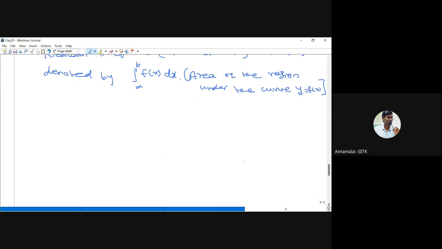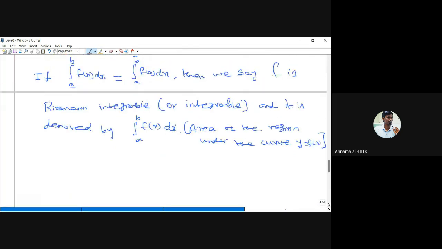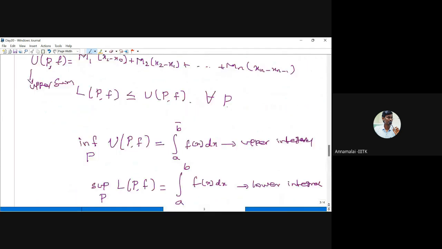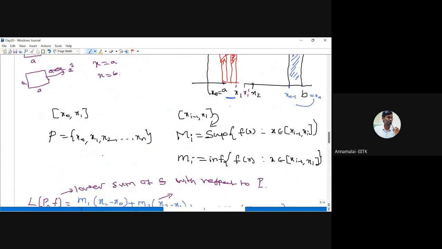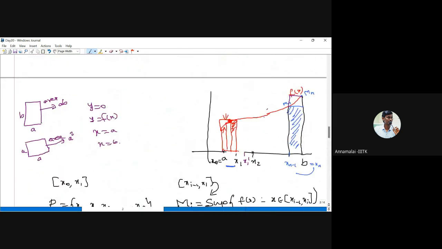Now we have some theorem. What is the relation between these? Already we mentioned the relation between the upper sum and the lower sum. One more thing is there. Look at the graph. If you take the entire thing, you can look at this bigger rectangle. What is the maximum?